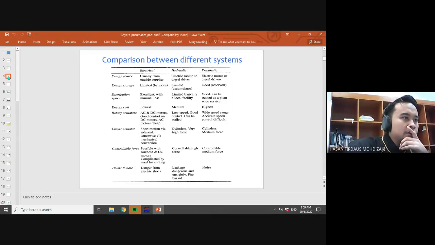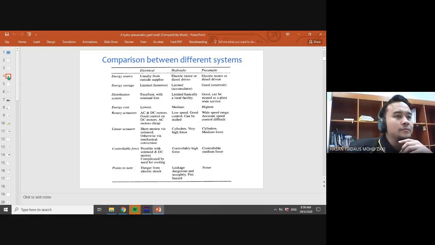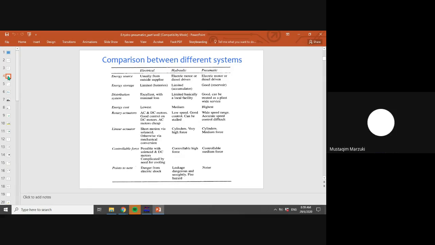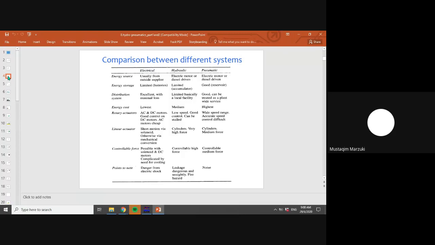All right, so have you seen any hydraulic system before? Can you give me one example of hydraulic or pneumatics in your everyday life? Hydraulic in the car. Lorry brake system, sir. Lorry brake system uses which system? I think pneumatics because it has a loud noise.